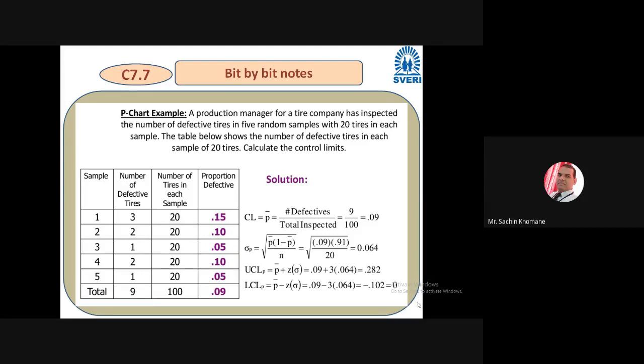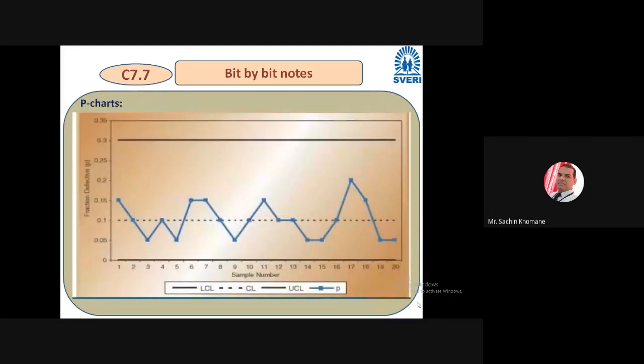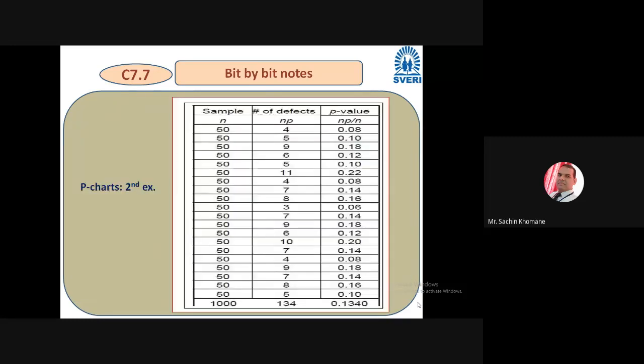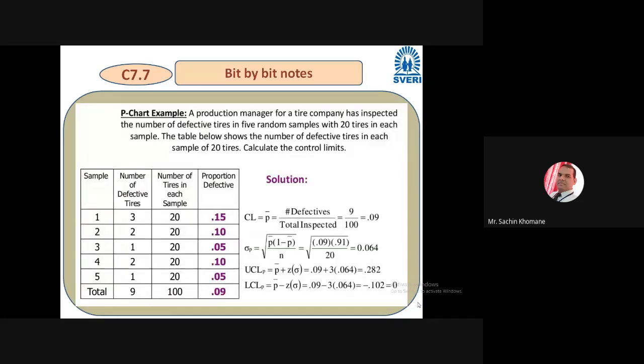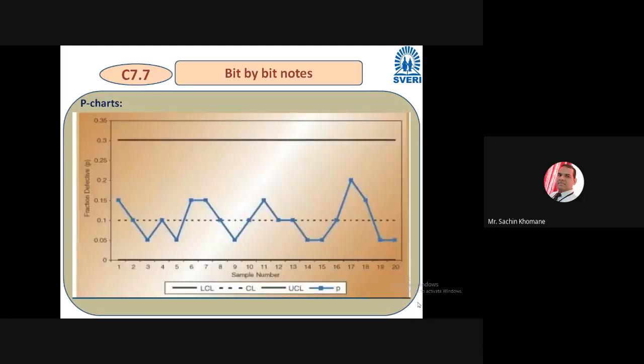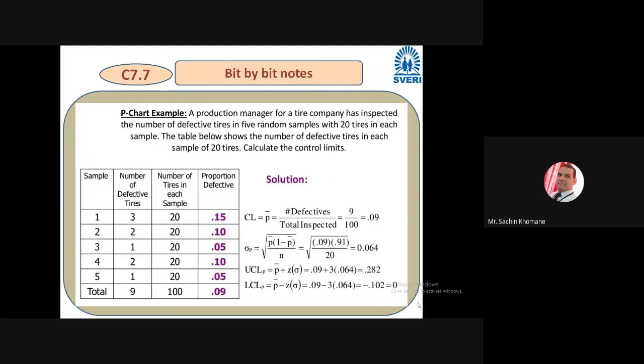Now let us see how the graph will look. We have done this calculation for only 5 readings. This graph is for 20 readings. Here the fraction defectives, like 0.15, 0.10, will be on the y axis, and the sample number will be on the x axis.